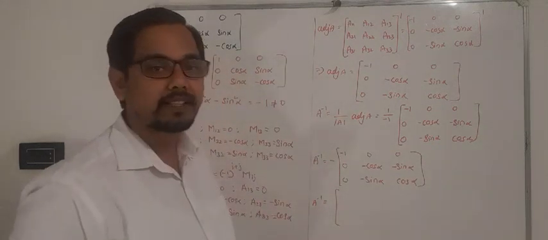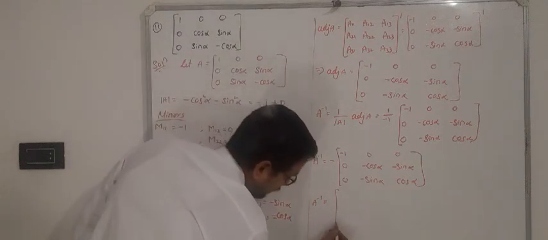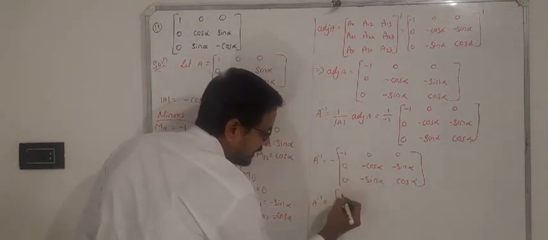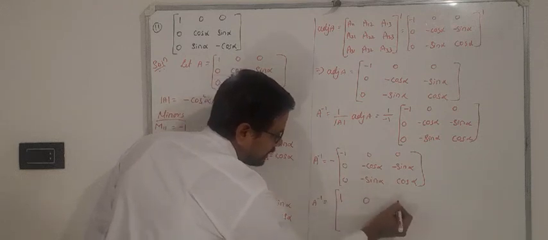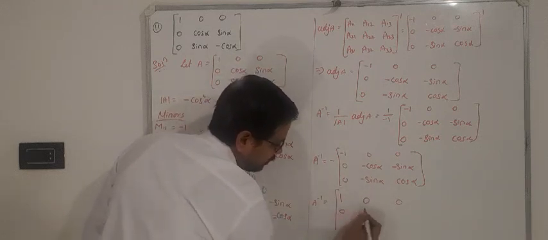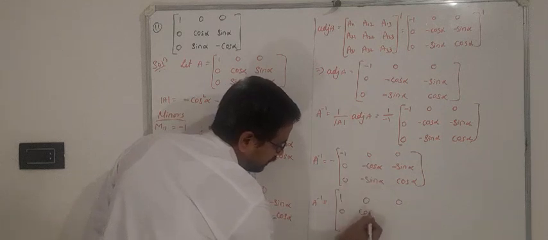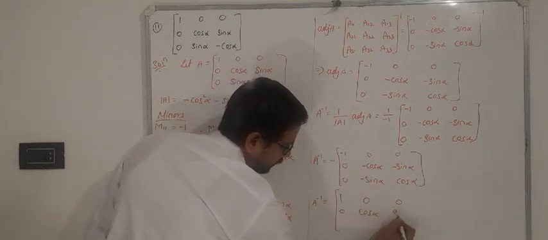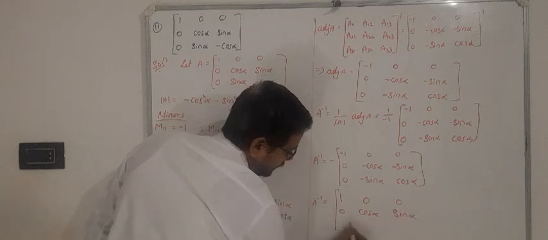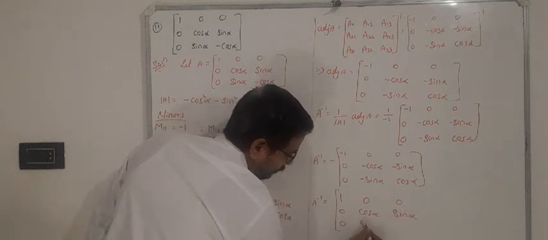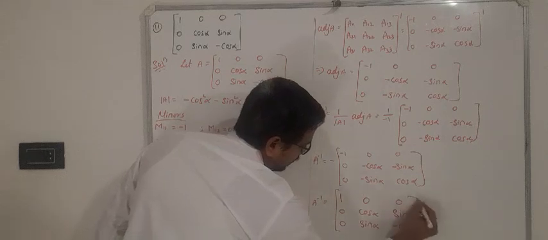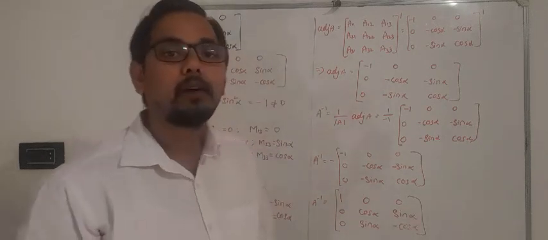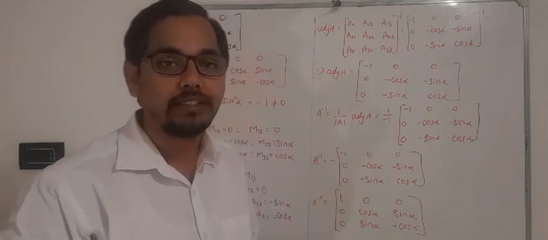If I take the minus inside, minus 1 becomes plus 1, 0 as it is, 0 as it is, 0, minus cos alpha becomes plus cos alpha, this becomes plus sin alpha, 0, plus sin alpha, minus cos alpha. This is how the values will change.